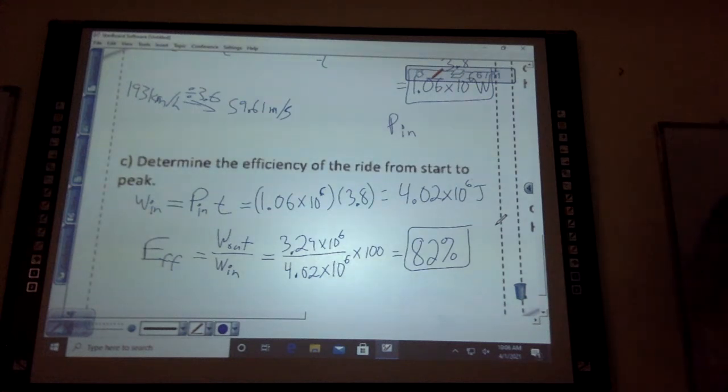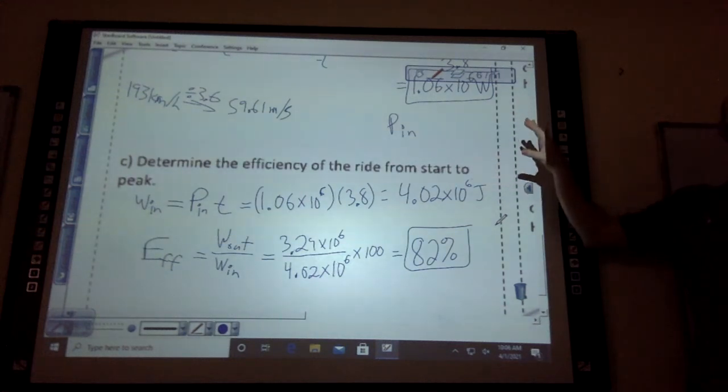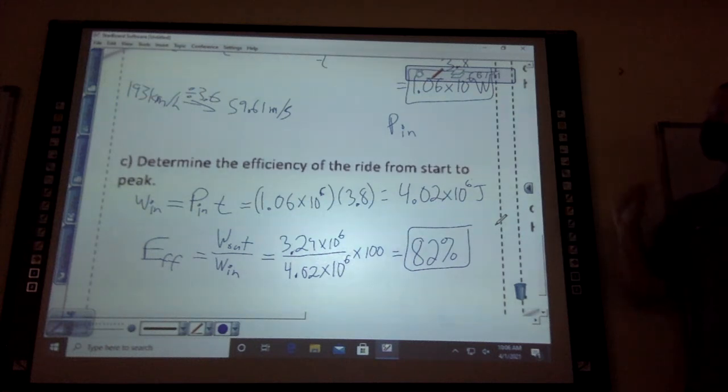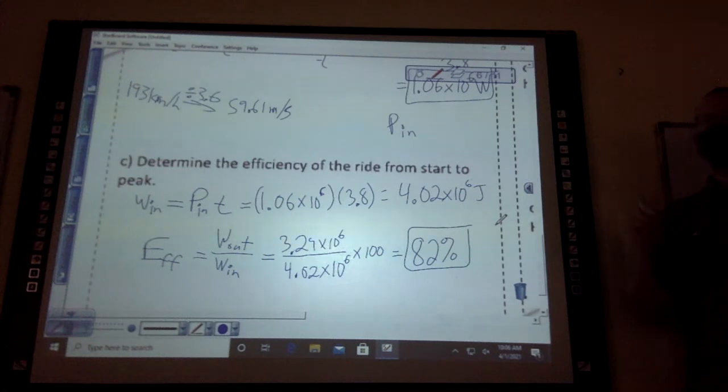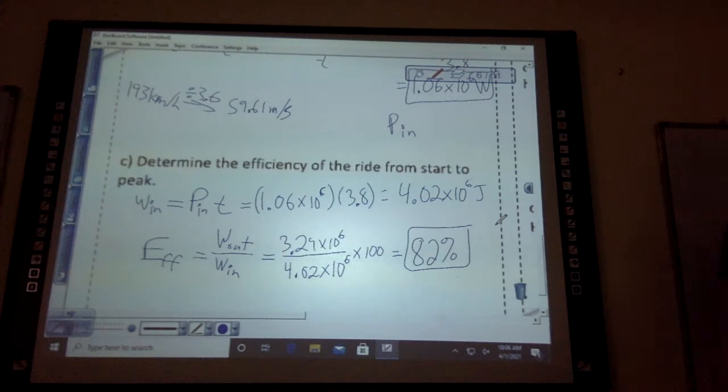The movement of the car and the friction causes the energy from the particles of the car to be transferred either to the track, which makes the track particles move a little bit more, causing more heat, or to the air around it, so the particles around it start moving faster due to the heat that's transferred to it. So it's all about the transfer of energy to different particles.